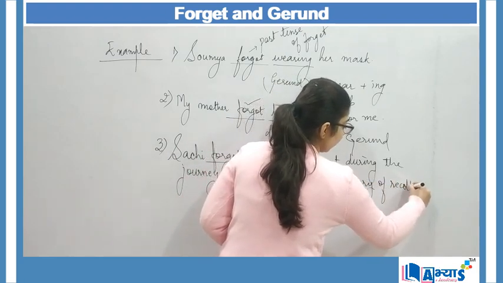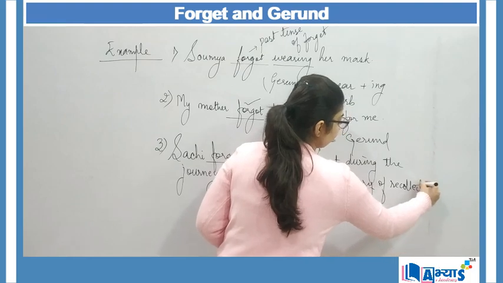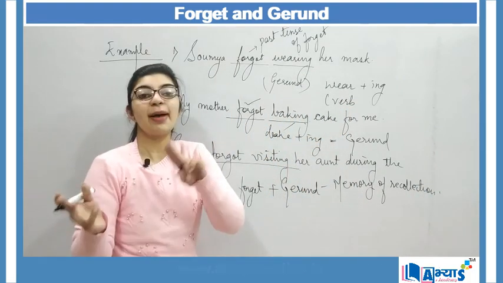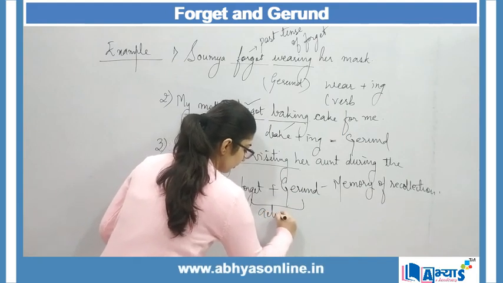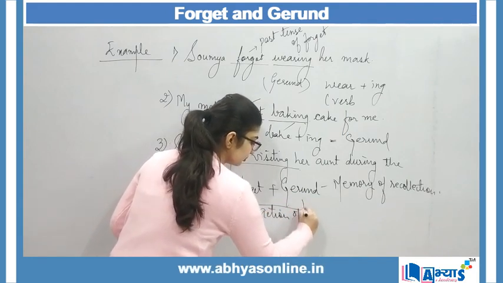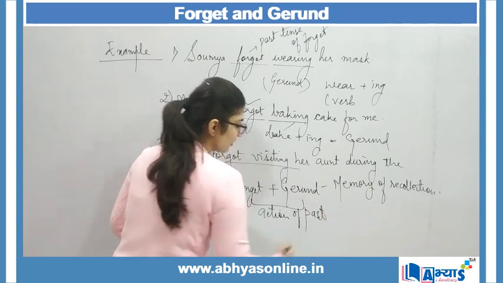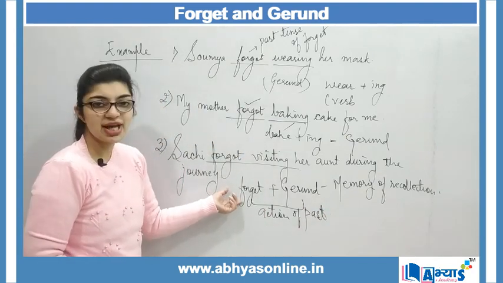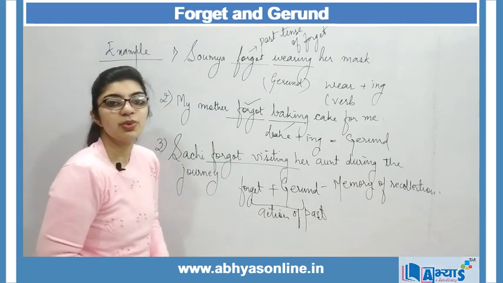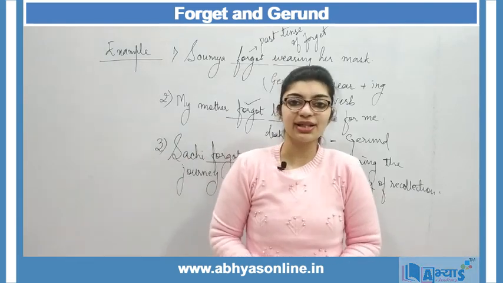Because I am recollecting that memory, I am memorizing whatever happened in the past. So it is the action of the past. And then we also made use of this concept in our sentences to understand it deeply and in a clear manner.